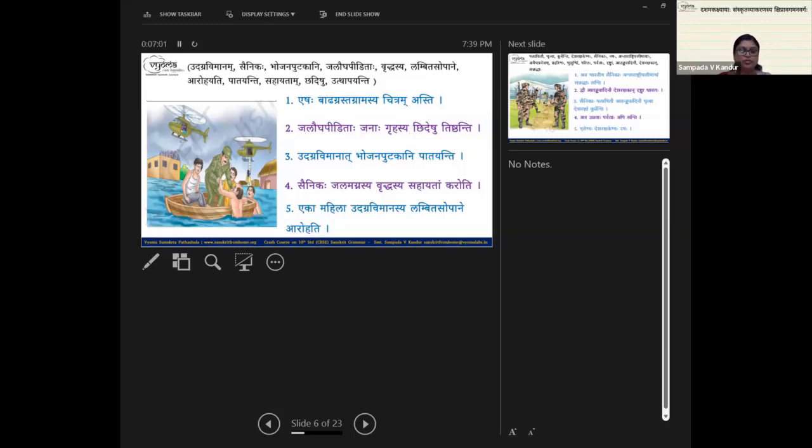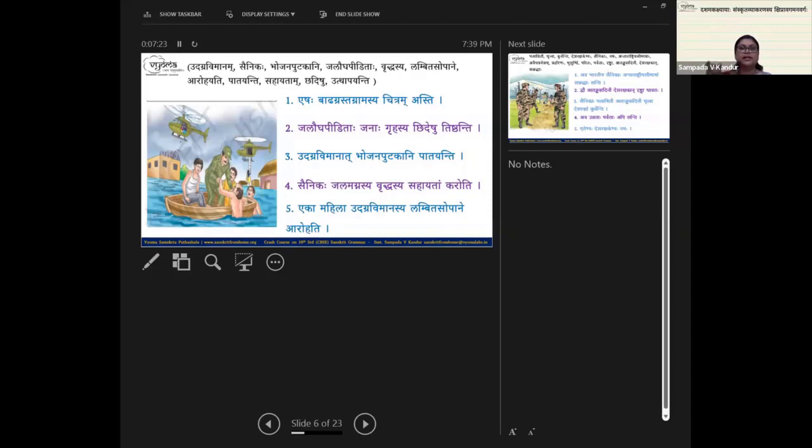Arohayati, Chadishu means on the roofs. Patayanti means they are throwing. Patayanti means food packets are thrown. People are throwing from the helicopter. Sahayatam. Then utthapayanti. Right? So almost every word is covered in the Manjusha.